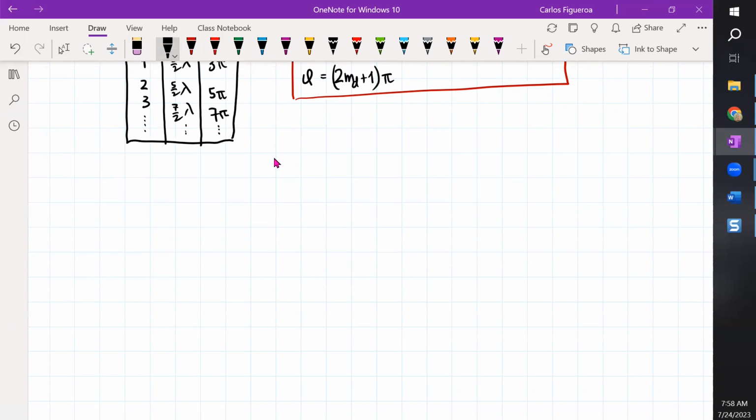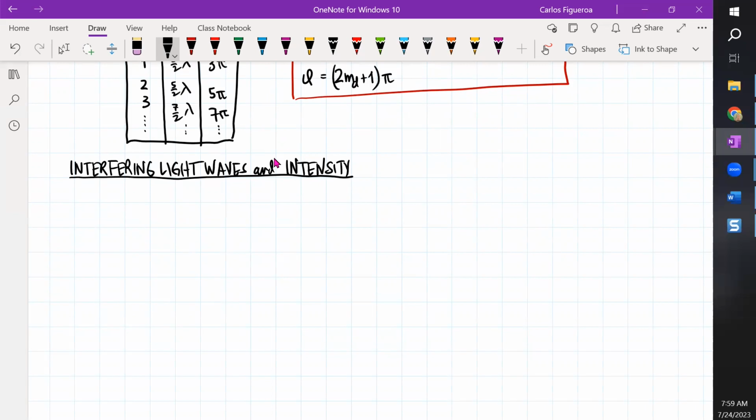I want to look at interfering light waves and intensity. So here's what we want to look at here.